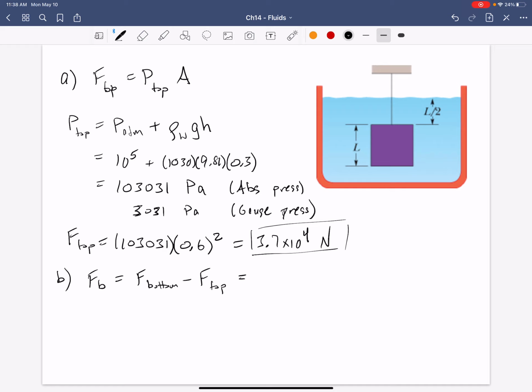So to find the pressure at the bottom, let's write that out here.